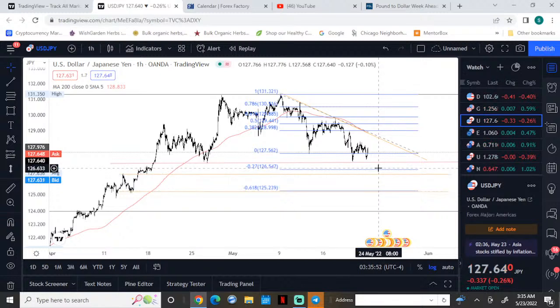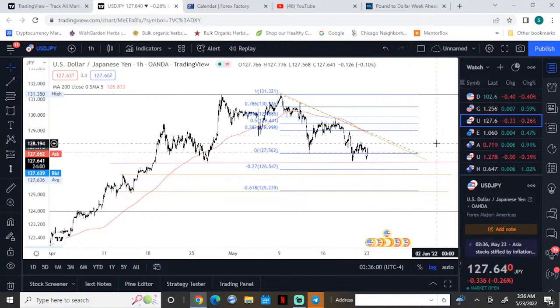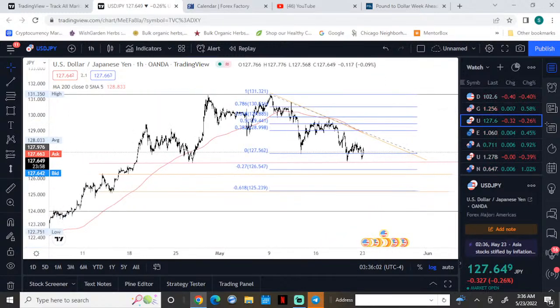The negative 27 is TP1, so it could fall here. Let's see if it's gonna come up and retest and fall some more. So right now it is just a waiting game.